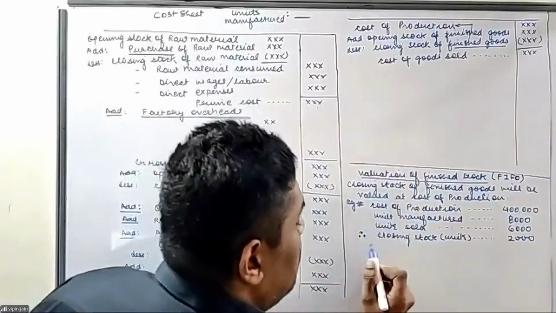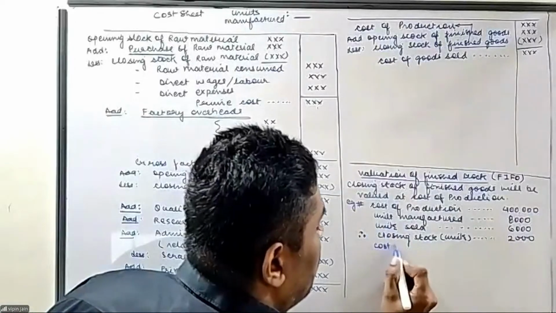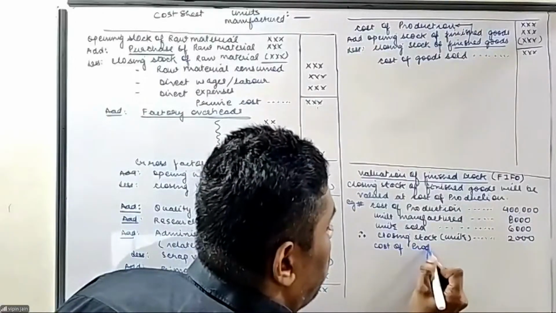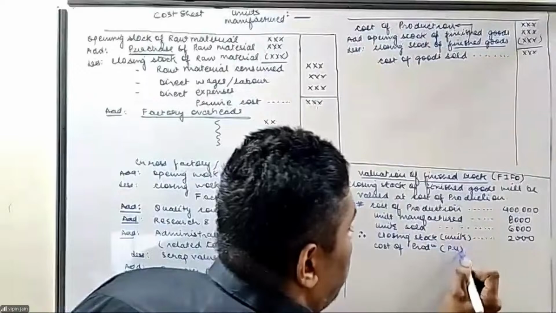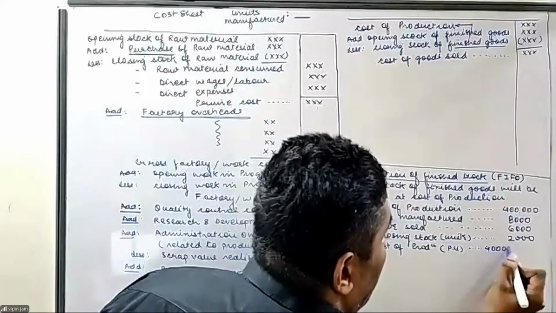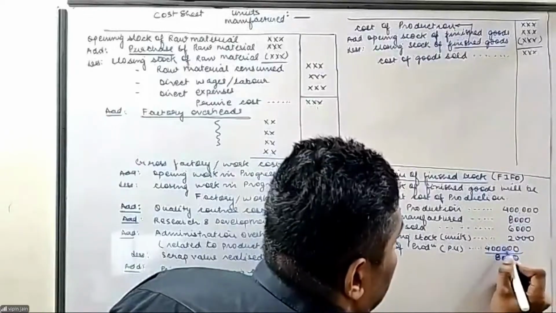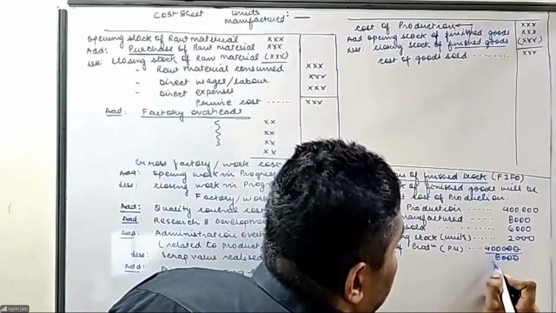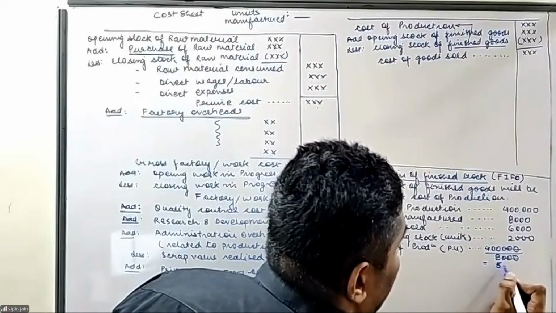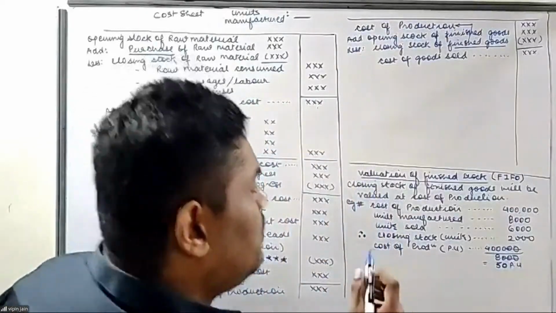Now, we will calculate the cost of production per unit. So this will be 4 lakh divided by 8,000. So this will be 50 per unit. So value of closing stock will be how much?